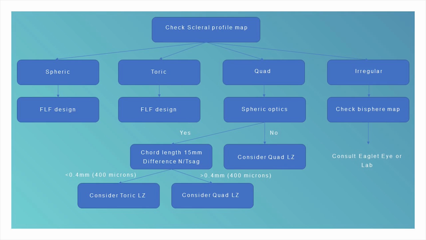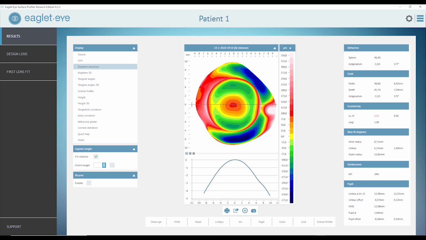If it's indicating irregular, you have to move back to the bisphere map. This is the bisphere map from the same eye. And here you have to start checking if you can find any local elevations.